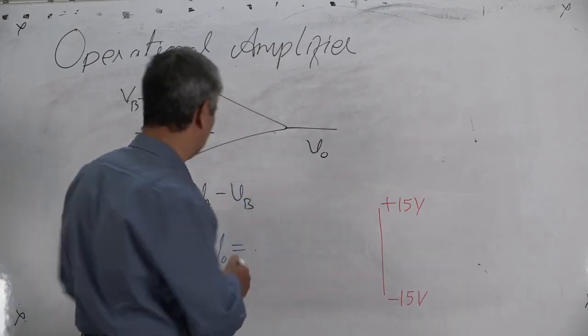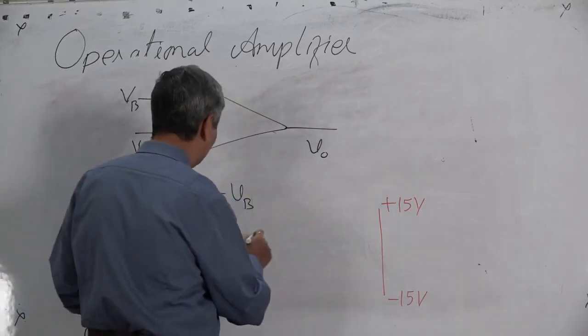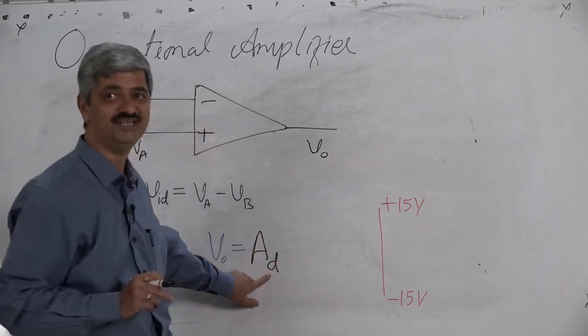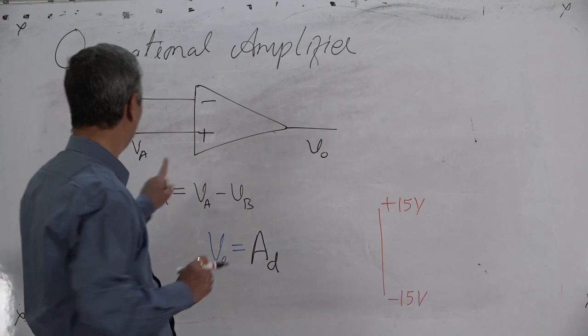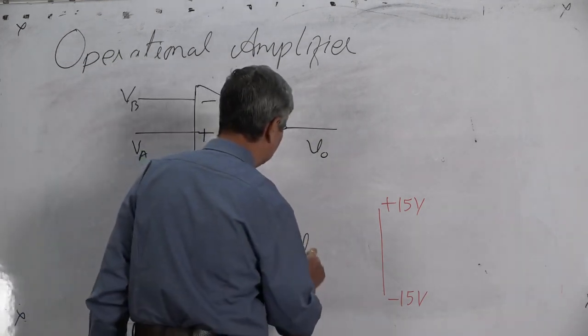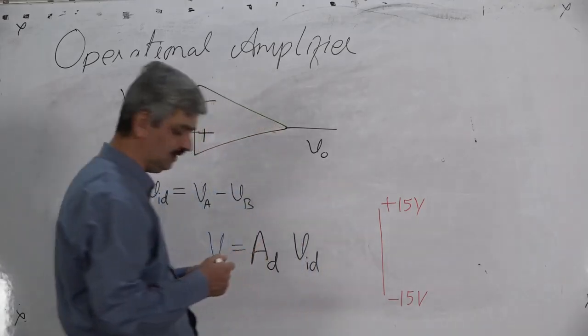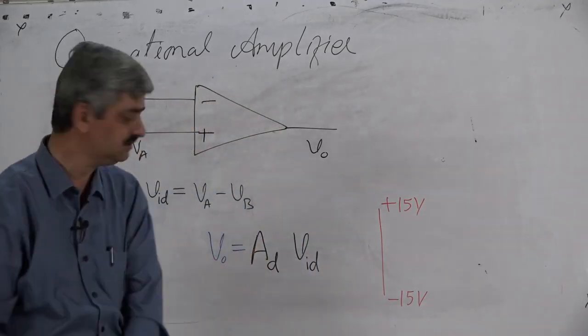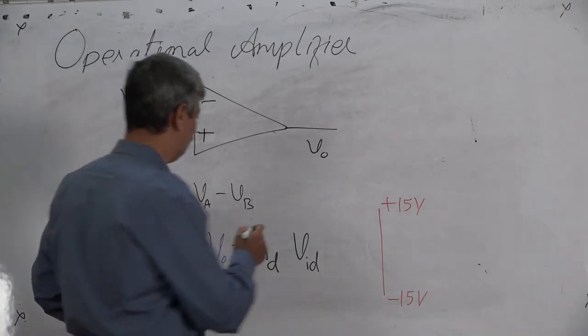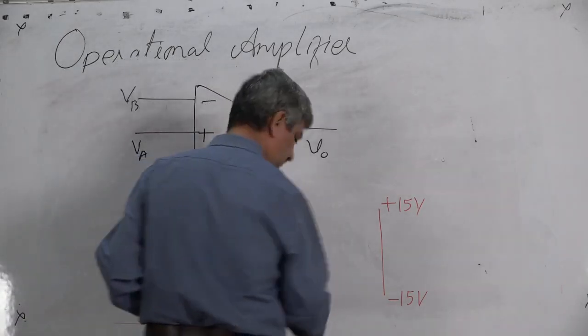So we use the term AD. Why A subscript D? Because it is differential gain. The op-amp works on VA minus VB, AD into VID. The working equation of the op-amp is VO is equal to AD into VID.